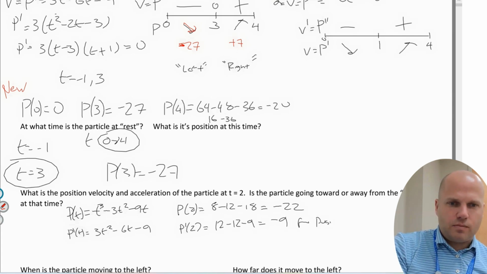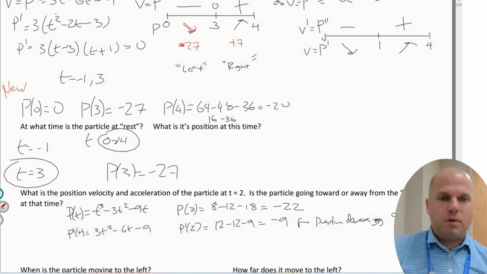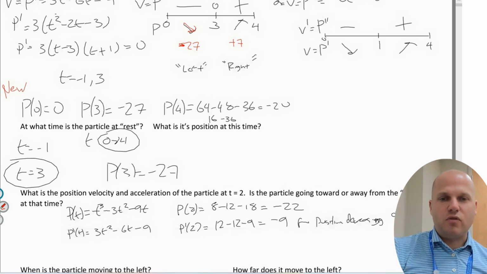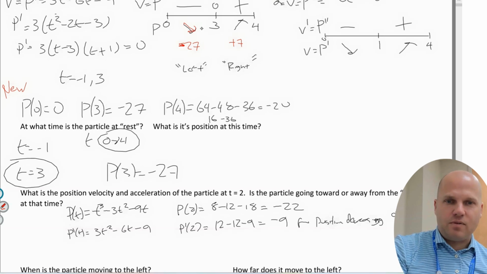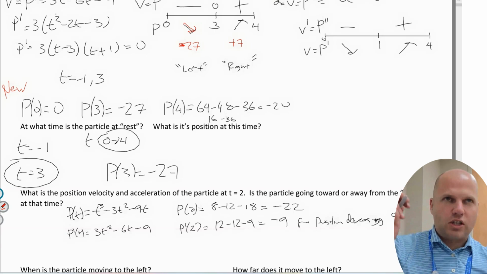My position is decreasing by 9 meters per second. My position is decreasing, which means I'm moving left. I have a position that starts at 0 and goes to negative 27. So I'm to the left of the origin and I'm moving left.